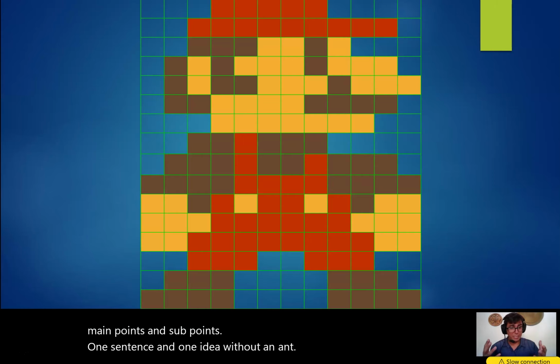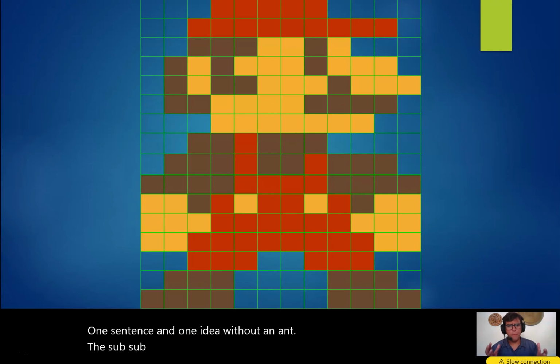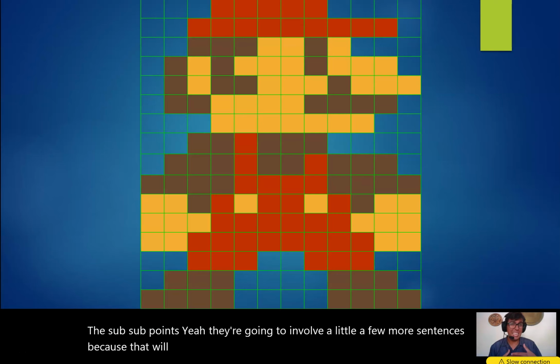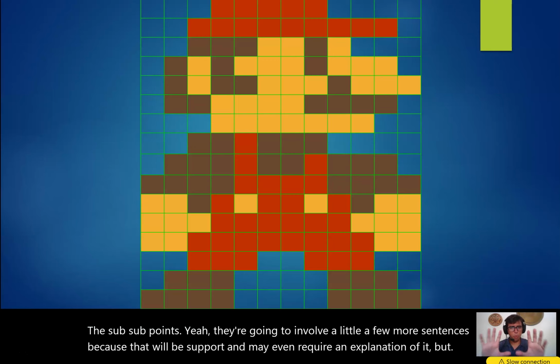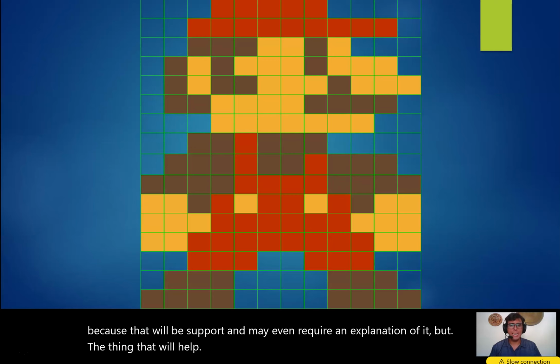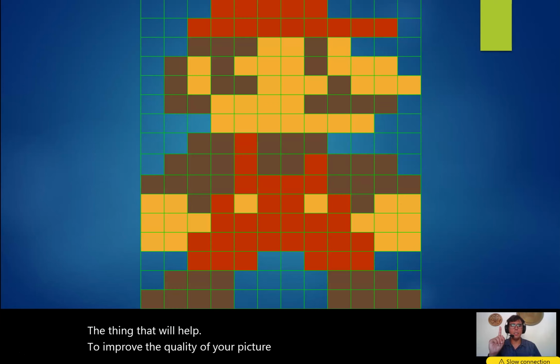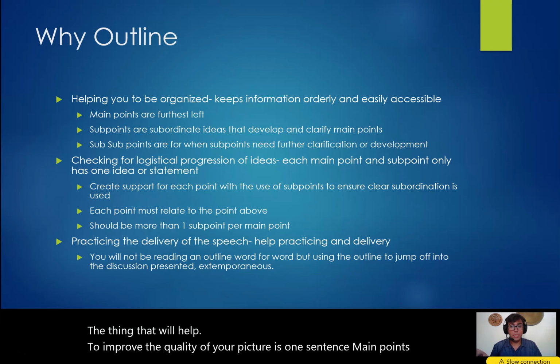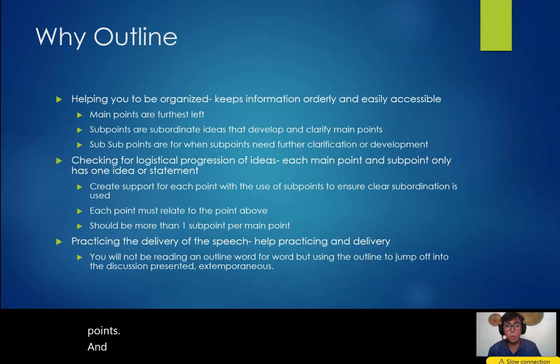The subpoints, yeah, they're going to involve a few more sentences because that will be support and may even require an explanation of it. But the thing that will help you improve the quality of your picture is one sentence, main points and subpoints.